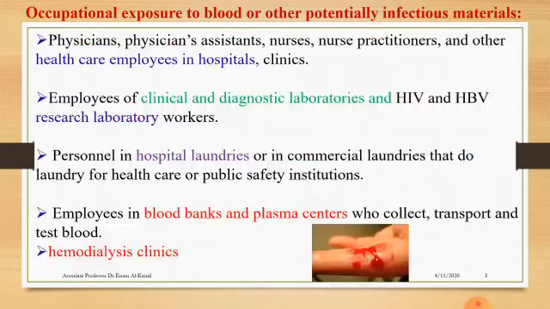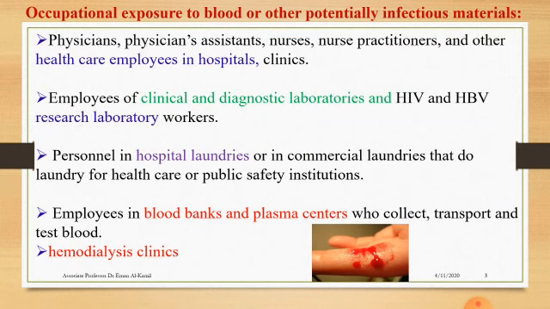Who are the people who are at risk of occupational exposure? The people who are working as healthcare workers or in the medical field are more likely to be exposed to different types of bloodborne pathogens. These occupations include physicians, physician's assistants, nursing staff, nurse practitioners, and other health worker employees in hospitals and clinics.